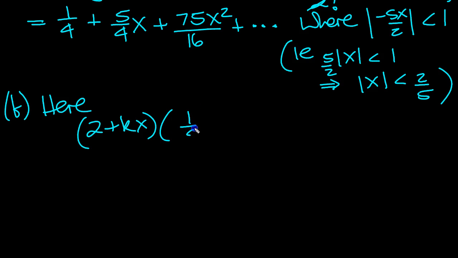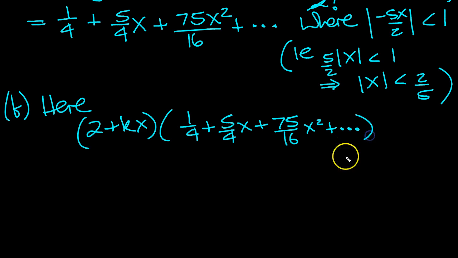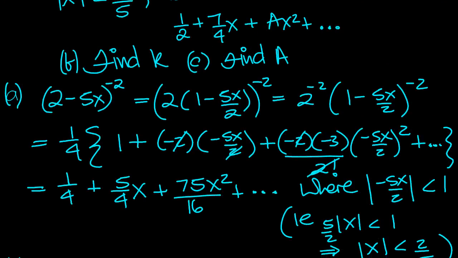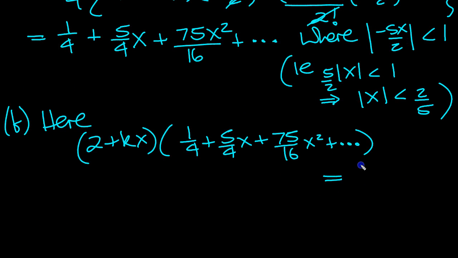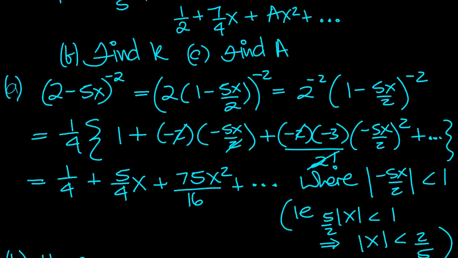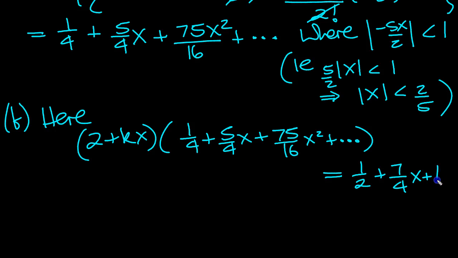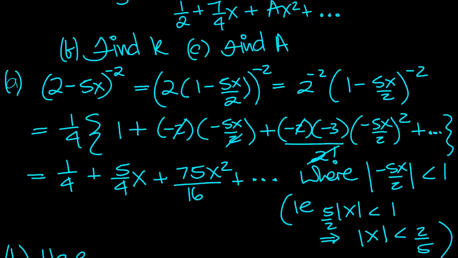So let's put it in: 1 quarter plus 5 over 4 x plus 75 over 16 x squared, and that's equal to, on the right hand side, a half plus 7 quarters x plus ax squared plus dot dot dot. Okay, that's what we got.